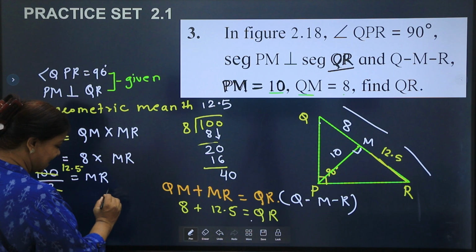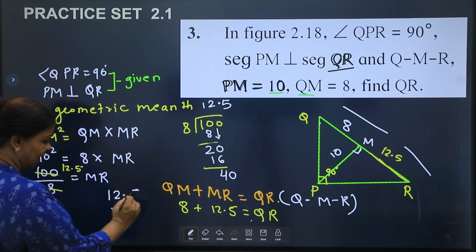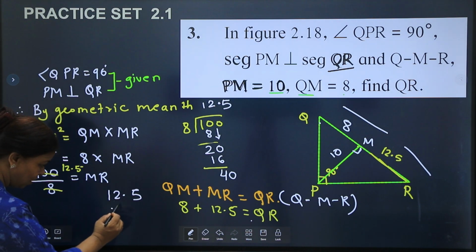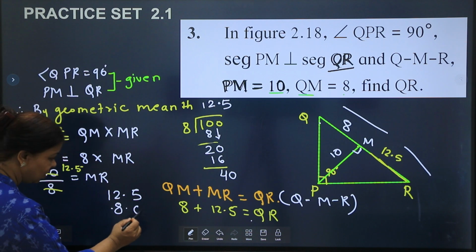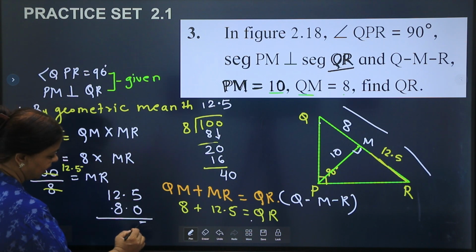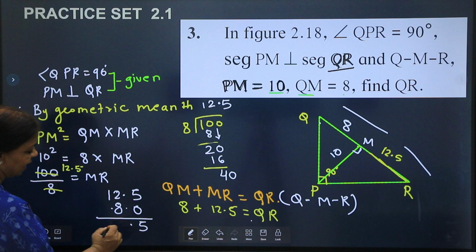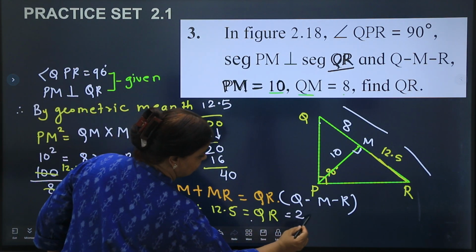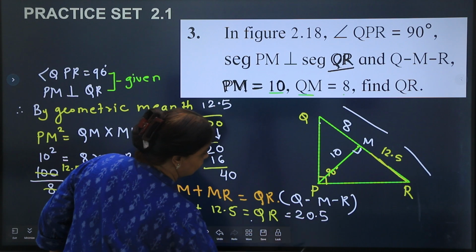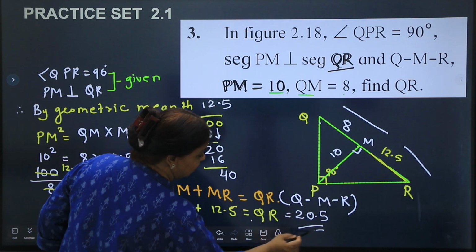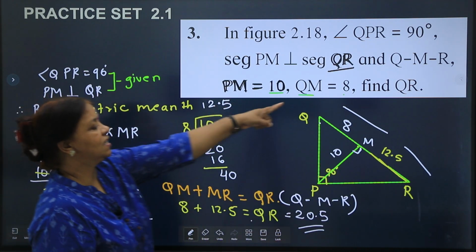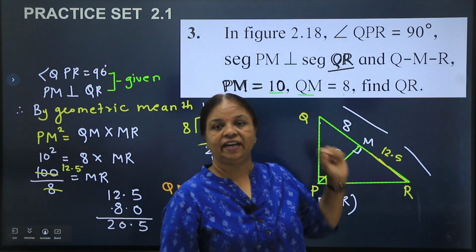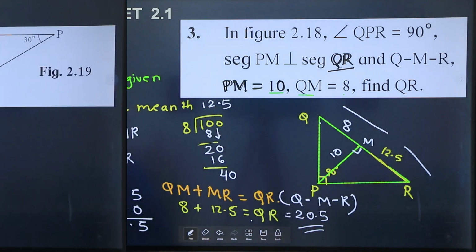When we are adding, 12.5 and 8 will come below 2.0. Add it, 5, 12 and 8, 20. So total will be 20.5. So QR is equal to 20.5. This is what they were asking you to find out. Let's move to the fourth question, children.